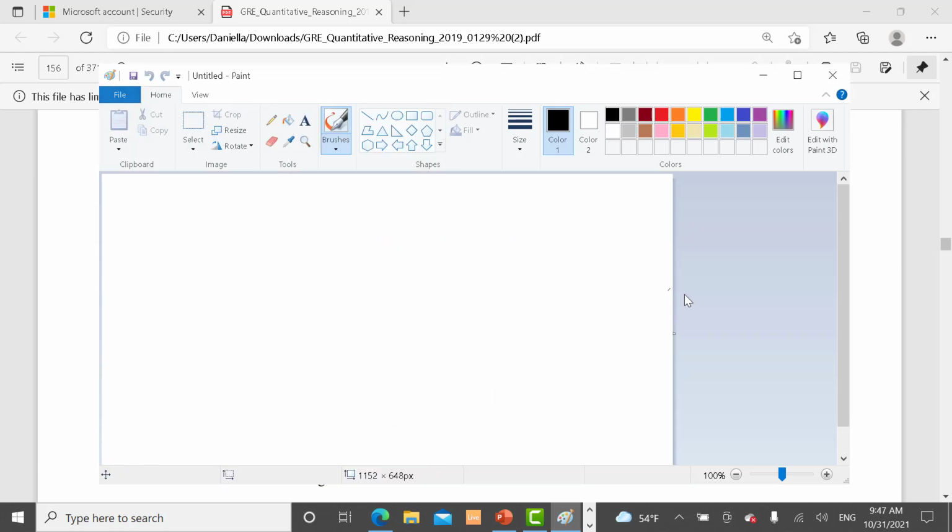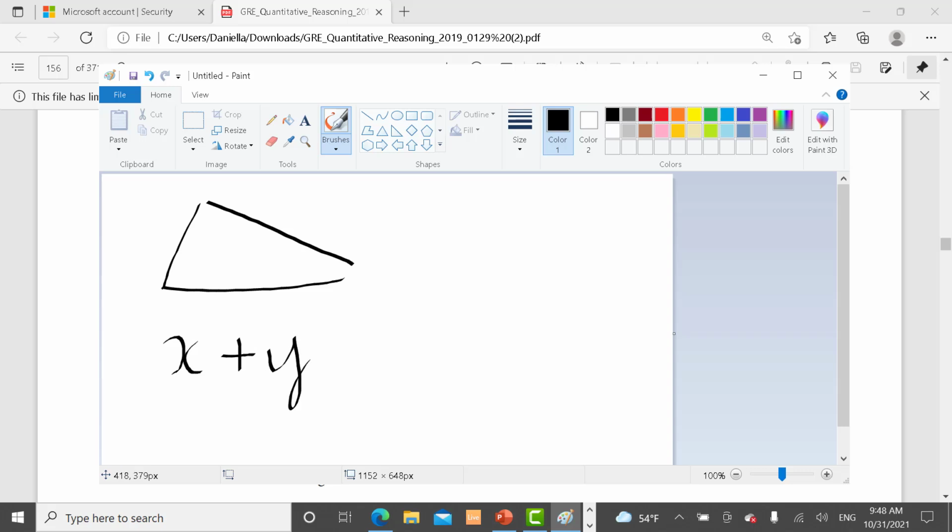In order for a triangle to exist, remember that x plus y is always greater than z, right? Remember that. This is in order to have the triangle exist. We got a set condition, and one of them is x plus y is greater than z. So let's say if we add z to both sides, we got x plus y plus z is greater than 2z.